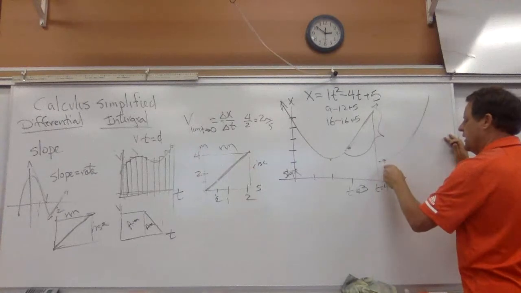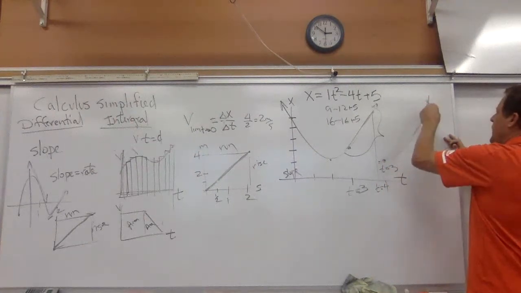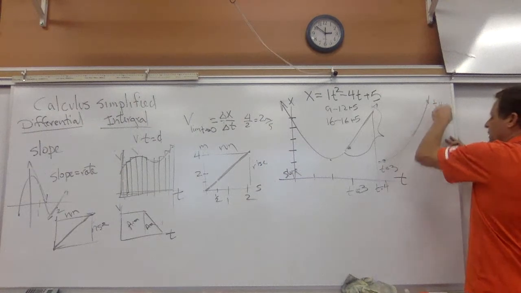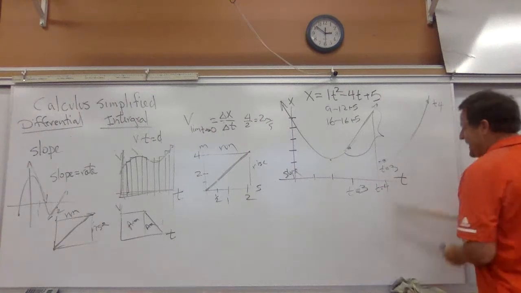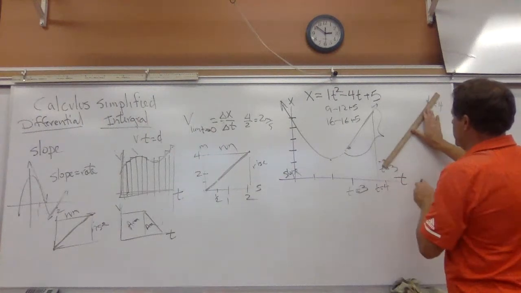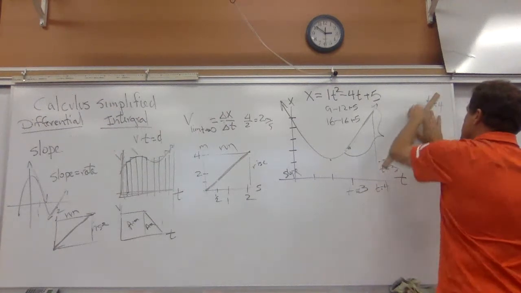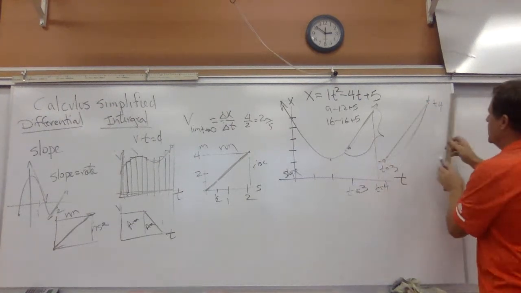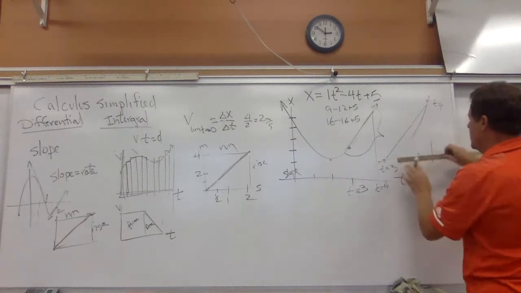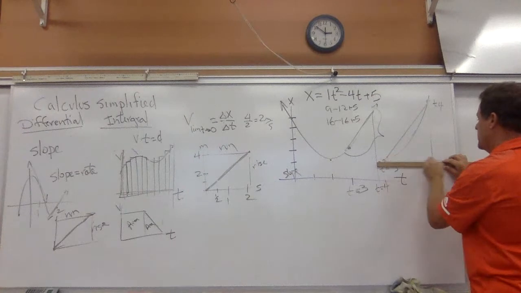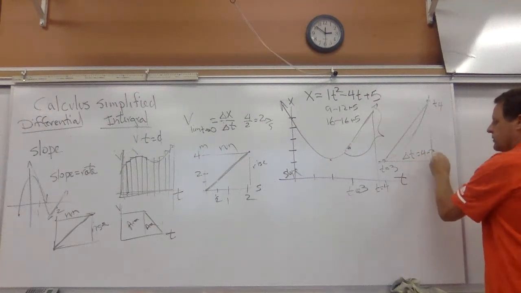So now we're down here at t is equal to 3, and up here we'll have t is equal to 4. So if we wanted to calculate the slope here, okay, so again, obviously our run here is going to be delta t, which is going to be 4 minus 3.